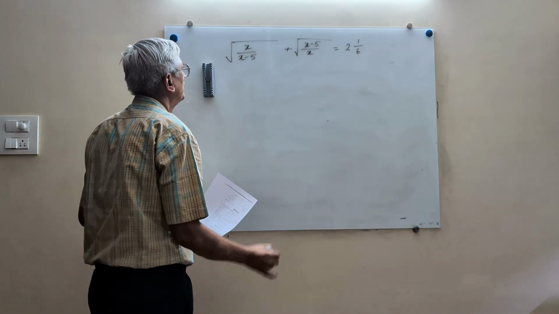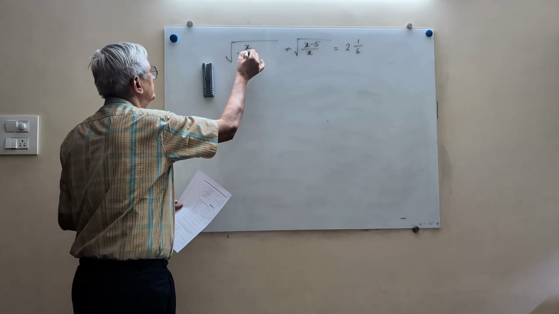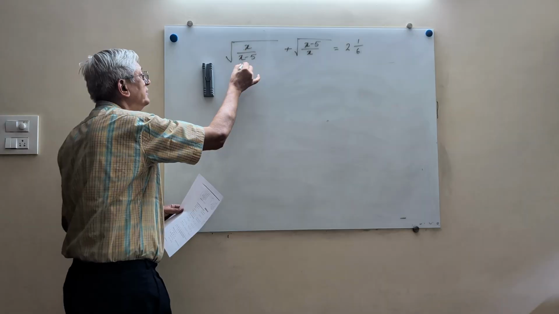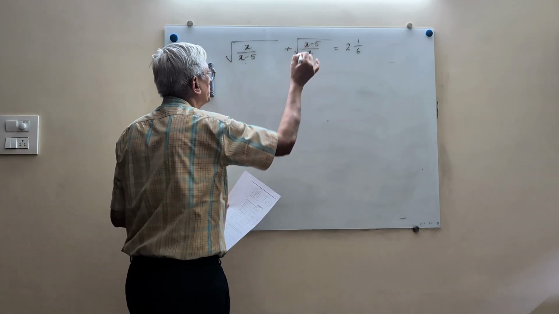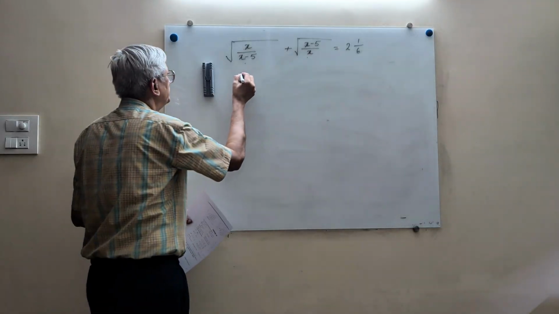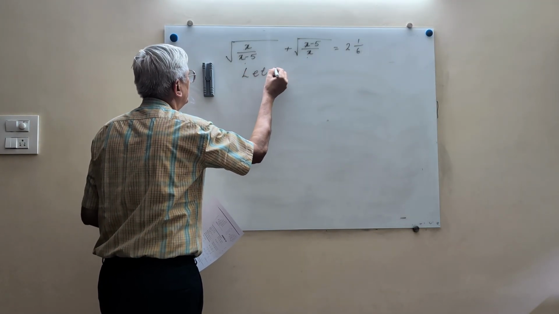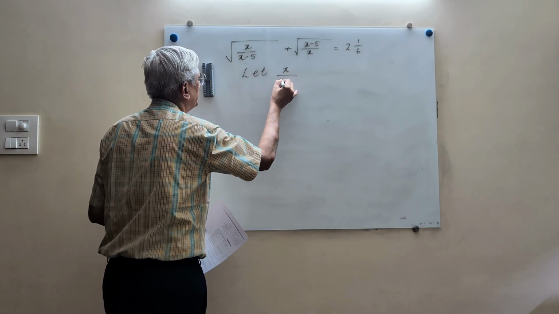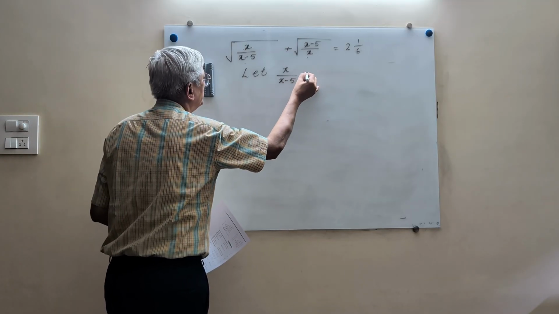Now what will you say? Now here you find that here it is x upon x minus 5, here it is x minus 5 upon x, that means they are reciprocals. Now let us consider, let x upon x minus 5 is equal to a.